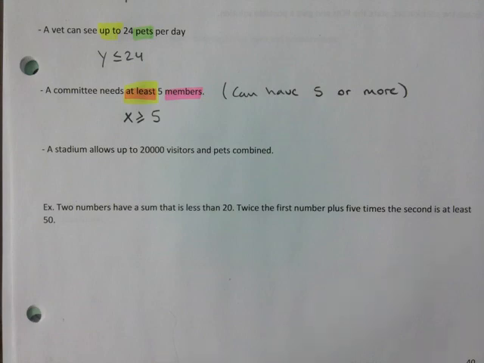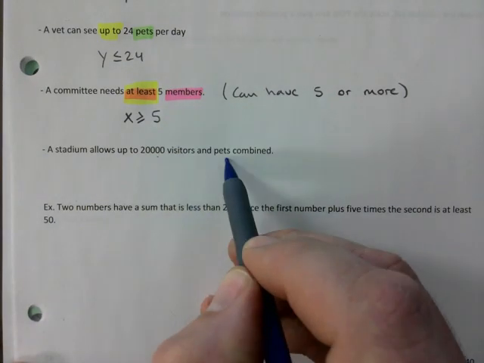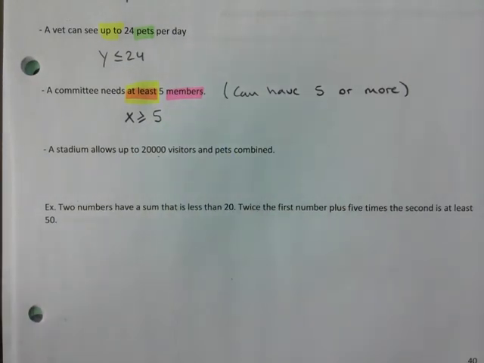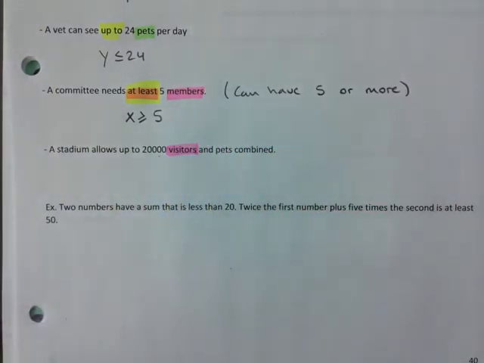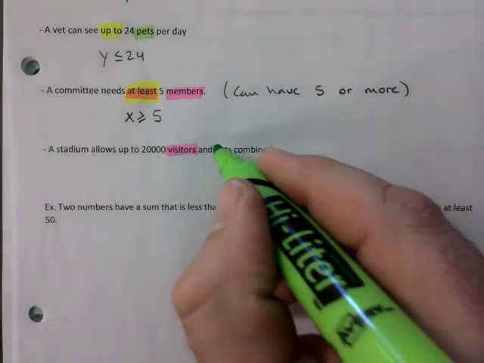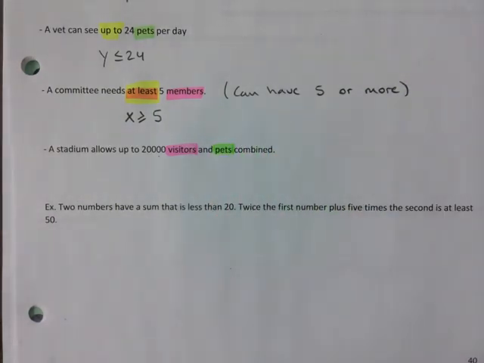A stadium allows up to 20,000 visitors and pets combined. I'm thinking this is like a dog whisperer event at a stadium, so you can have 20,000 visitors and pets combined. Visitors would be people, and this would be pets.